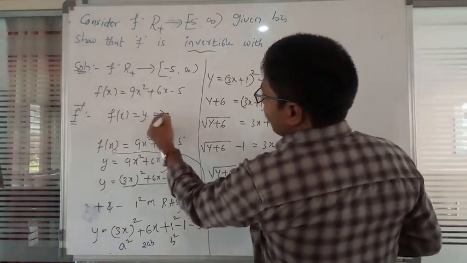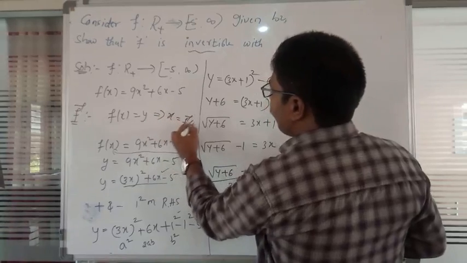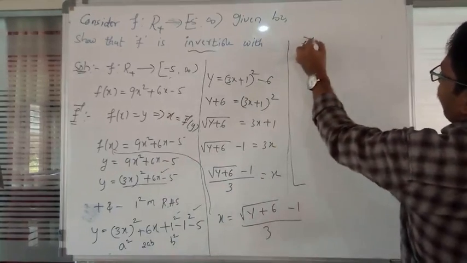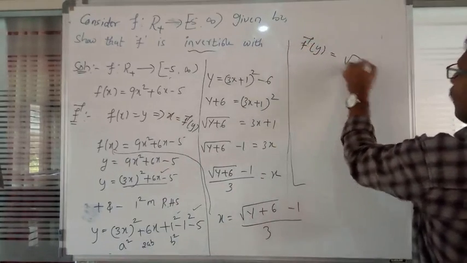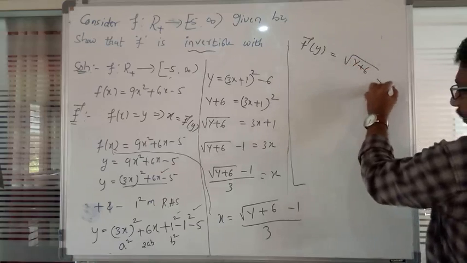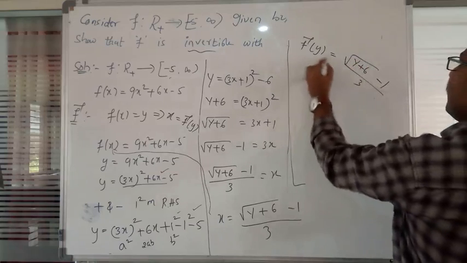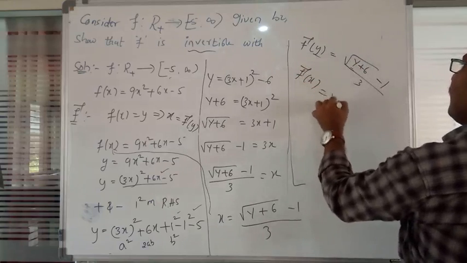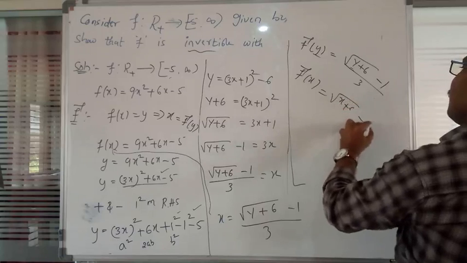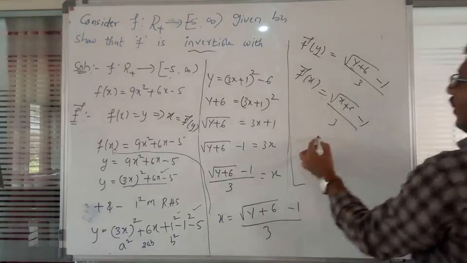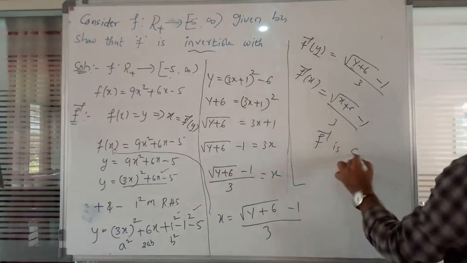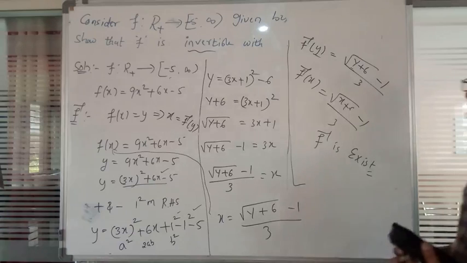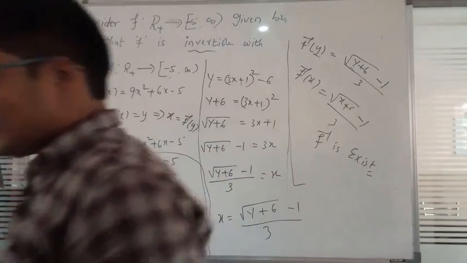It means x is equal to f inverse of y. That's why, replacing x, f inverse of y is equal to root of y plus 6 minus 1 divided by 3. Here y is there, so fill in x: root of x plus 6 minus 1 divided by 3. Okay, f inverse exists. So now we get 5 marks, okay.